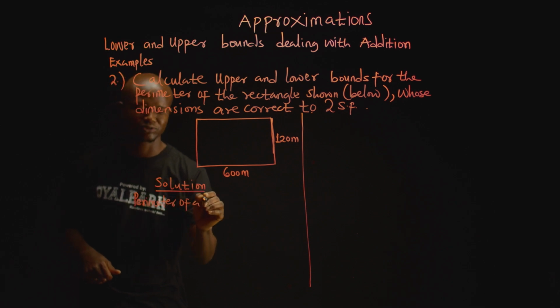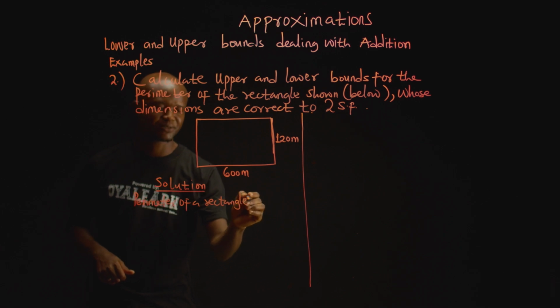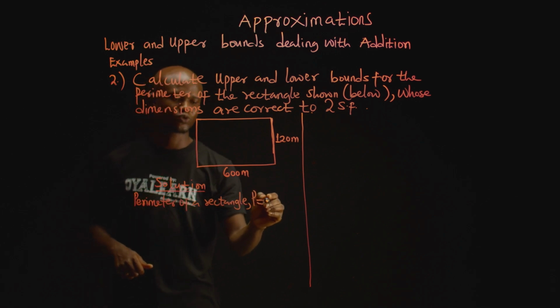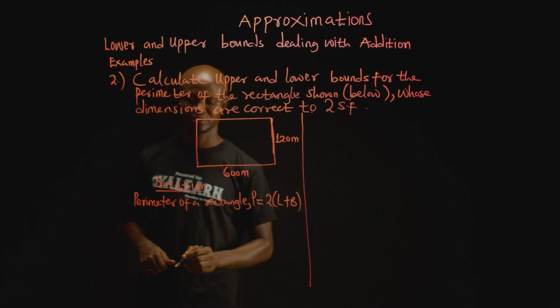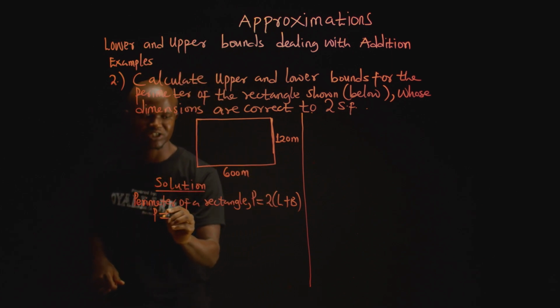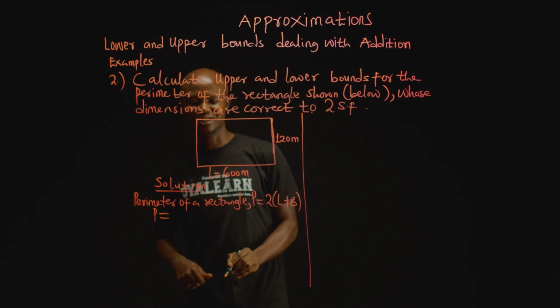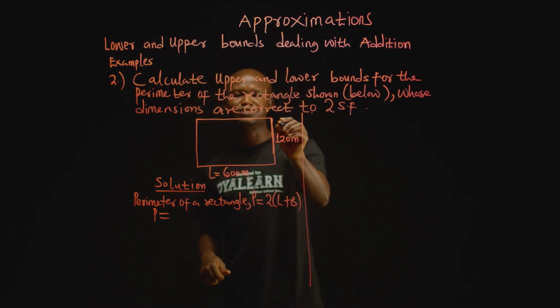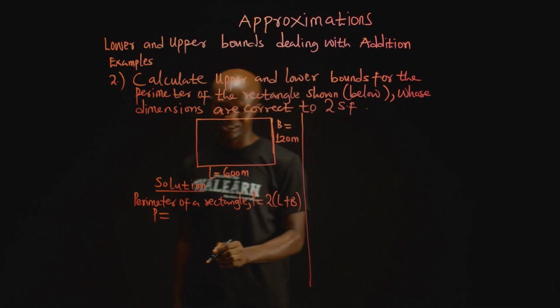Let me denote the perimeter as P, which is equal to 2 into (L plus B). This is L, which represents the length, while this B represents the breadth of the rectangle.